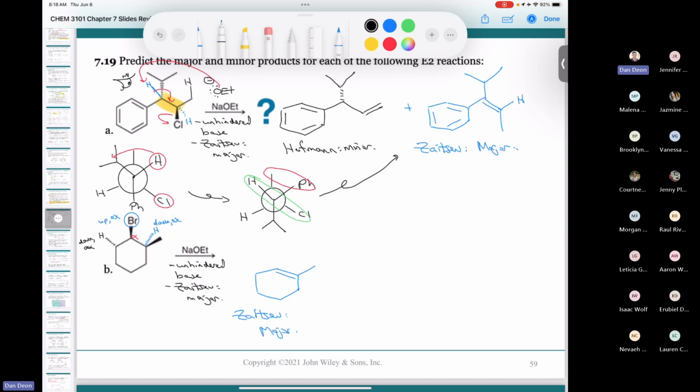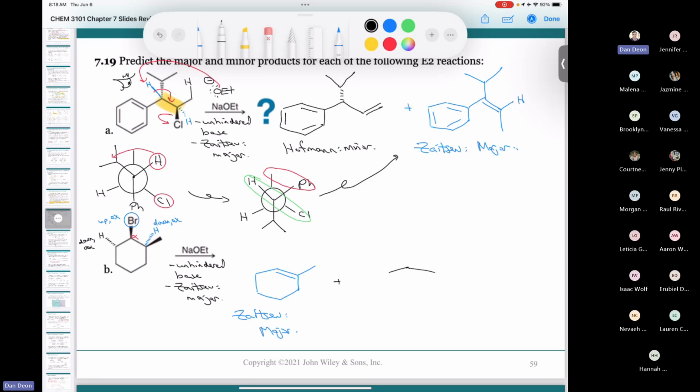And then we are also going to get this one over here, where if we abstract the proton in black, we form the double bond here, but we didn't touch this stereocenter, so we still have to draw that as a wedge. And so this is going to be the Hofmann product, and this is going to be the minor product, like that.